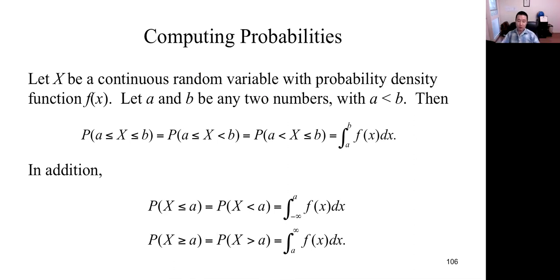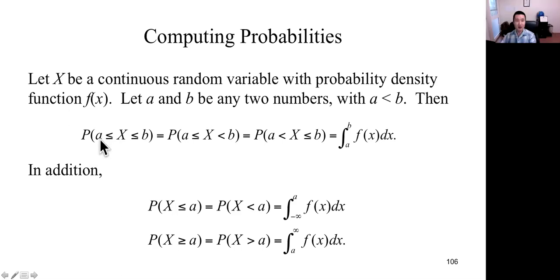To calculate the probability, let's say a and b are two numbers, and b is larger than a. Then the probability of x between a and b will equal the probability of x larger or equal to a and smaller than b. Which means for continuous variables, the endpoint does not really matter.